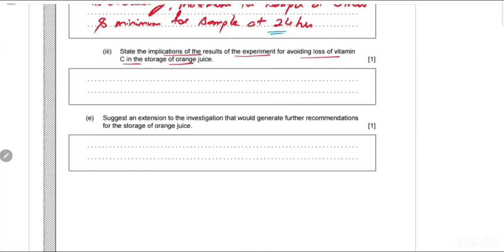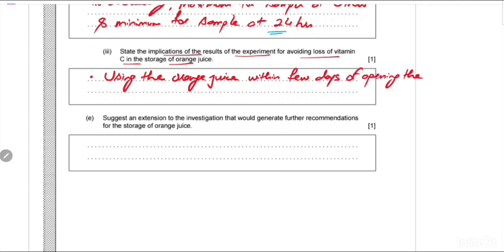So you can increase the shelf life by, number 1, using the orange juice within a few days of opening the can. Number 1 answer should be this.